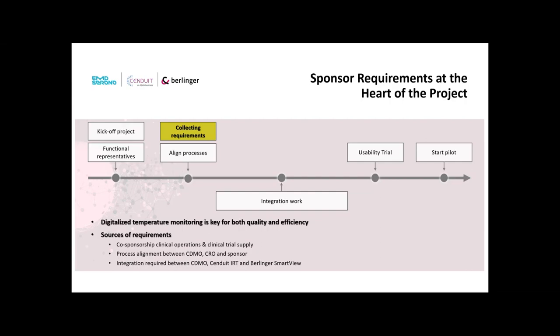And as Stefan just mentioned, it was not only an integration work between the Cenduit IRT and Berlinger SmartView, it was also an integration with the CDMO systems, where the shipments are associated with certain loggers, and that information has to come from somewhere, and that came from the CDMO system that was passed on to the Cenduit IRT, and really also working together with Berlinger SmartView to have the complete cumulative view, so to say.